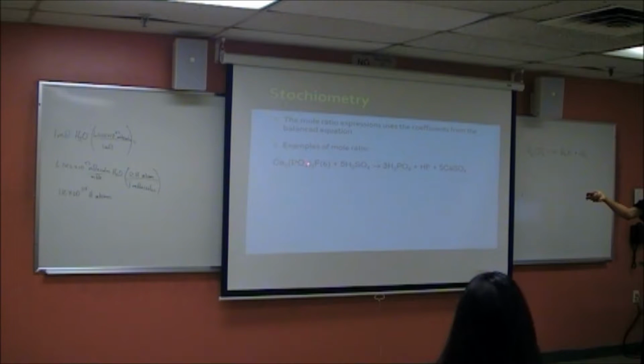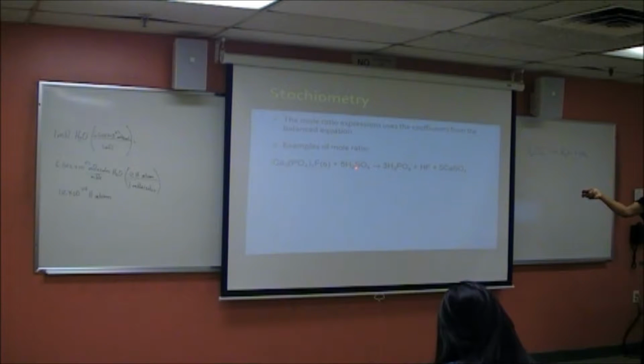Back again. 1 mole of calcium phosphate fluoride for 5 mole of calcium sulfate. Back again. 5 mole of sulfuric acid for 3 mole of phosphoric acid. Back again. 5 mole of sulfuric acid for 1 mole of hydrofluoric acid. Back again. 5 mole of sulfuric acid for 5 mole of calcium sulfate.